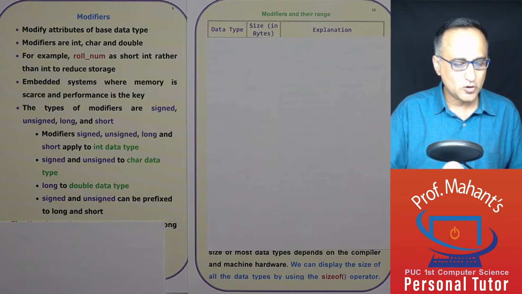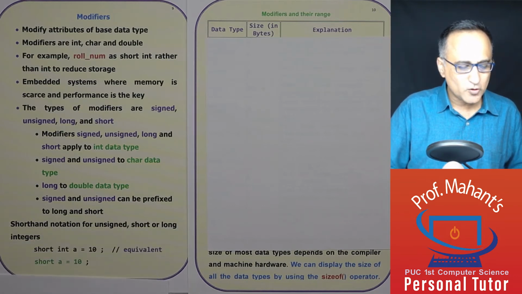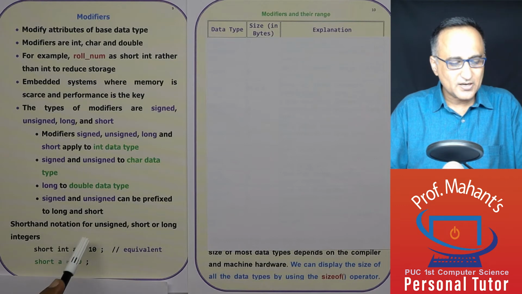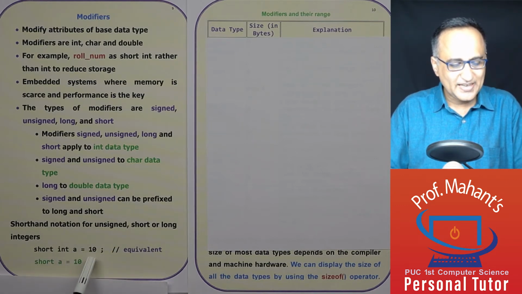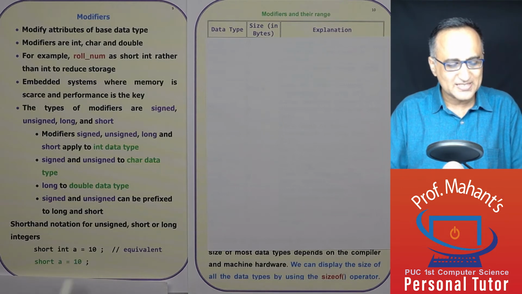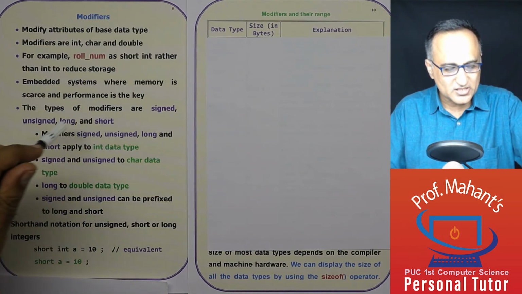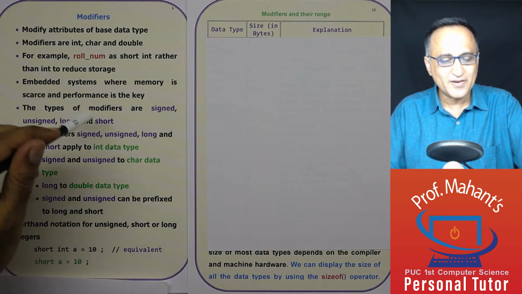This is also okay. Now, shorthand notation for writing unsigned, short, or long is you can write short int a equal to 10, or you can omit this int and you can say short a is assigned the value 10. So this is all the different modifiers we'll be using.